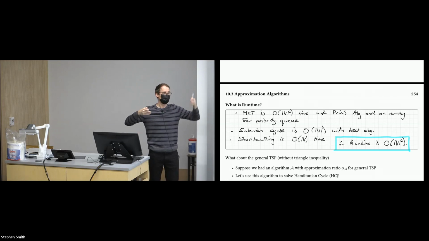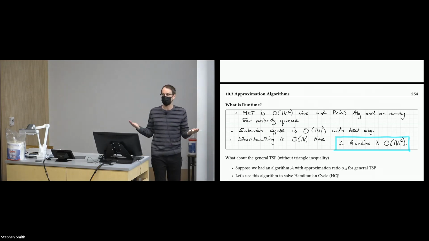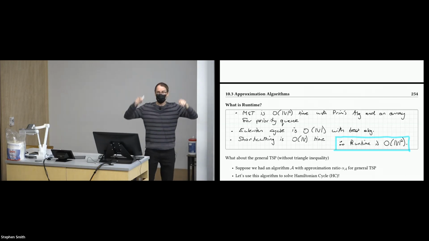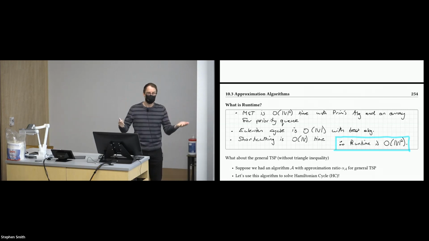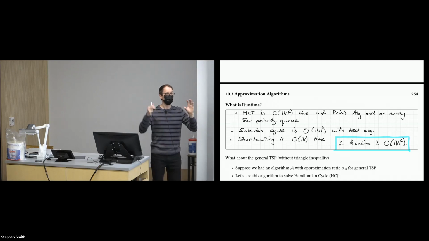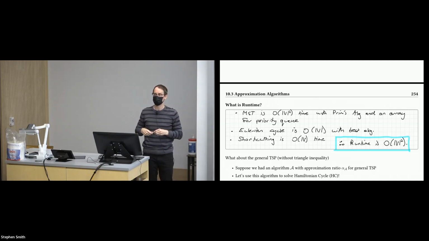And that will be 1 more edge incident on each odd vertex, and that will make them even. And you can show that those edges that you add cost no more than half the TSP. So you get one length of TSP to do the MST, right? Because we said the MST is no more than the TSP. And then you get another half only from pairing up odd degree vertices.